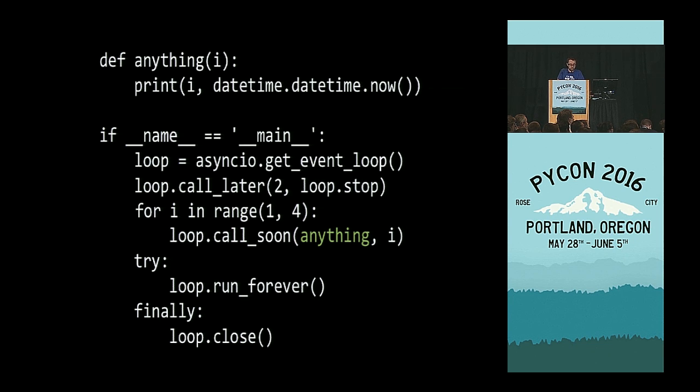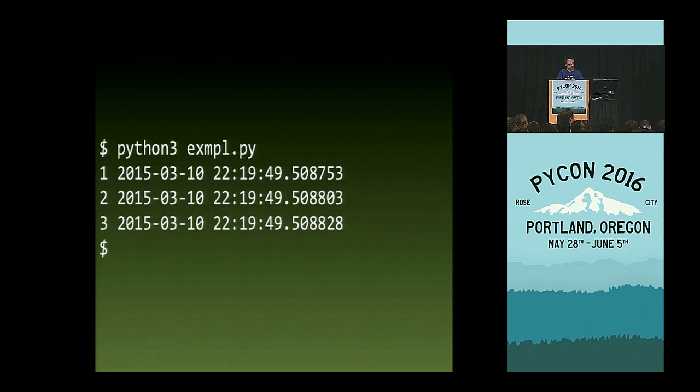The terminology calling soon comes from the fact that it might already have something that it is running currently. So as soon as you're free, please call the thing. We're calling 3 anythings with different arguments on that very slide. And we are calling later, at least after 2 seconds, a call to loop stop. So this is what actually happens.